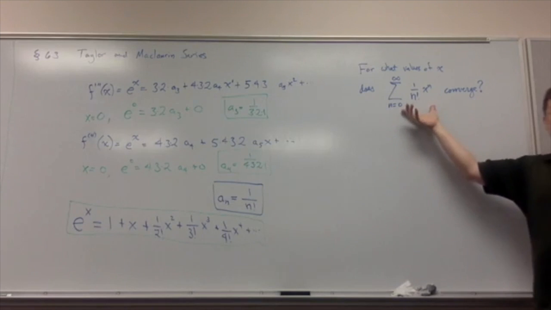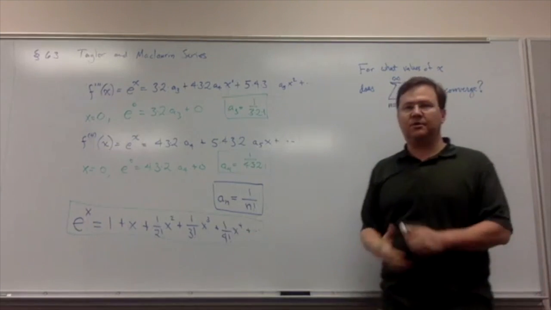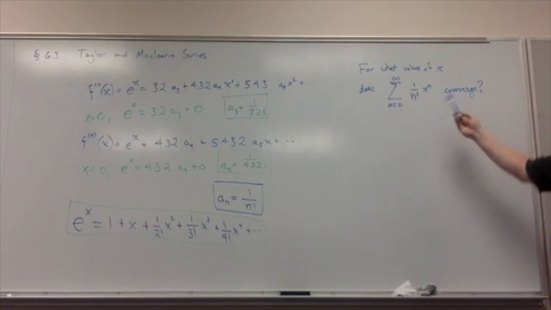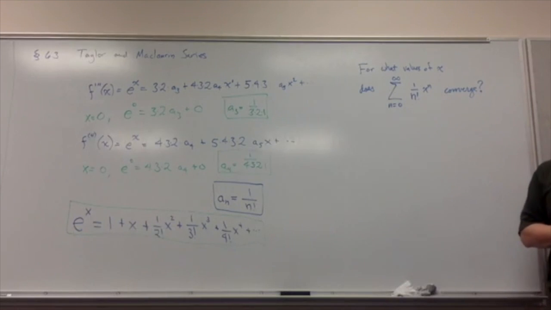This is a compact way of saying the same thing as what I wrote here. And that's a question that you already know how to answer. You're going to use the ratio test.